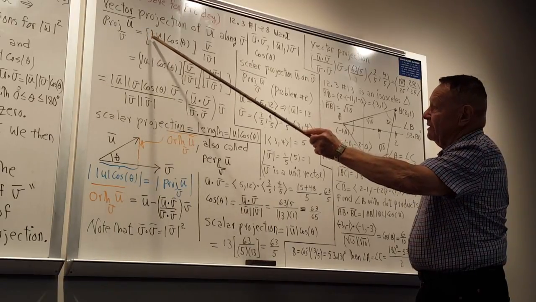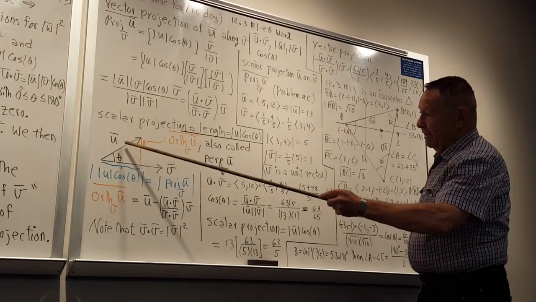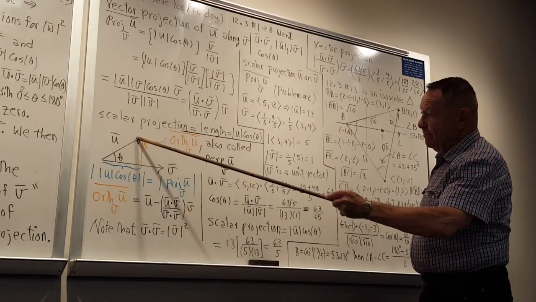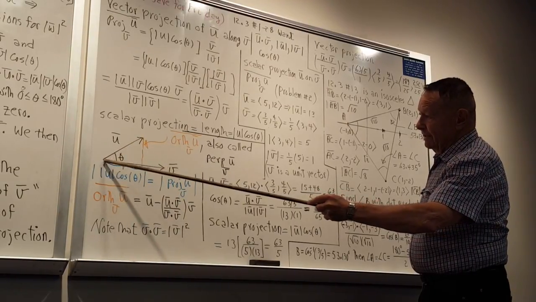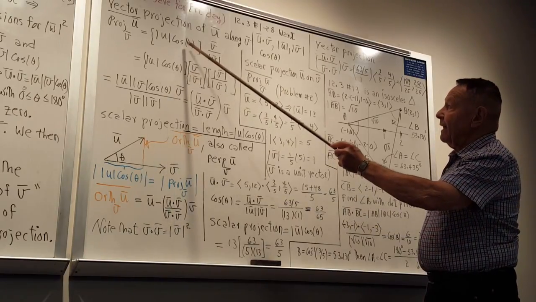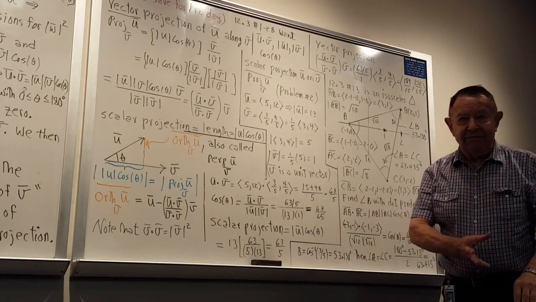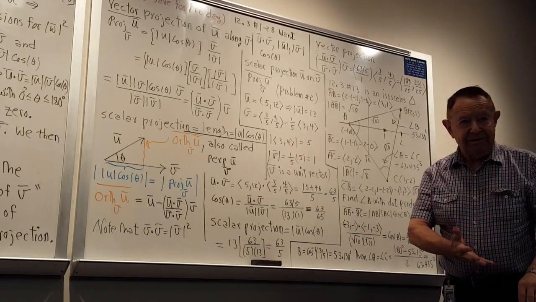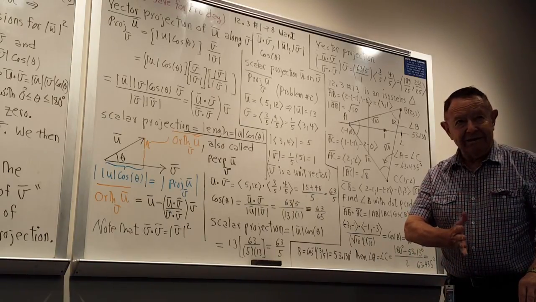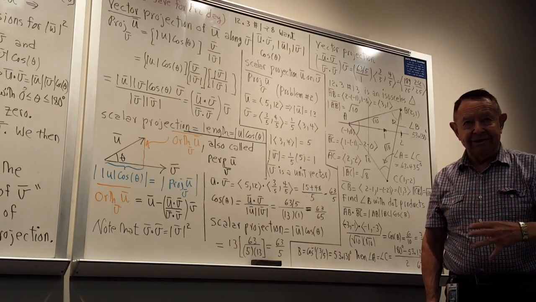Okay, so it's going to be this long by right triangle trig. Magnitude of the hypotenuse times cosine is the side adjacent in a right triangle. And then the direction, you remember from yesterday, if you have a vector that's not a zero vector and you divide by its magnitude, that gives you a vector that points like the original but has length 1.